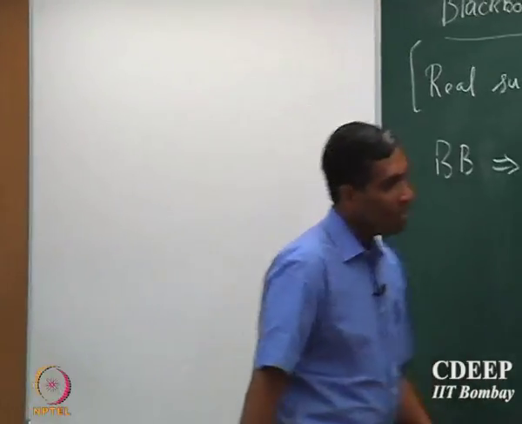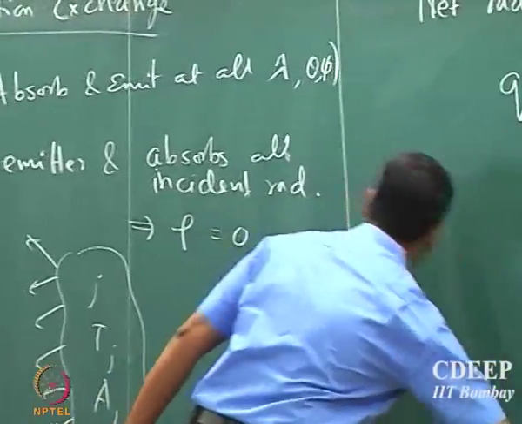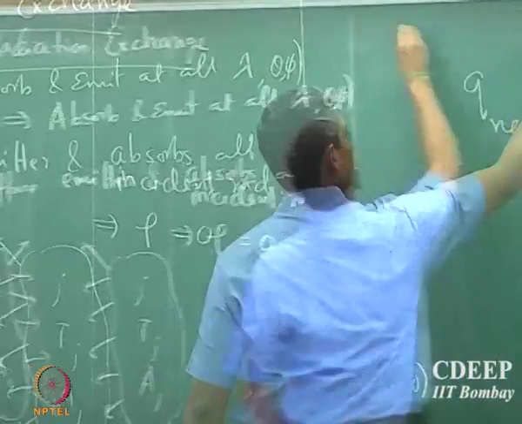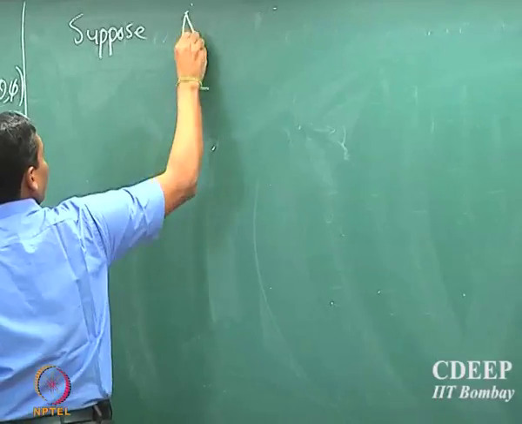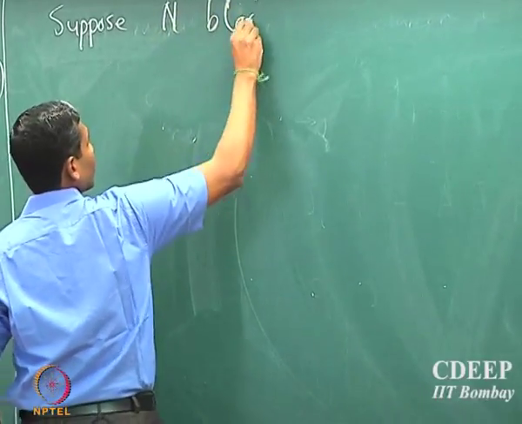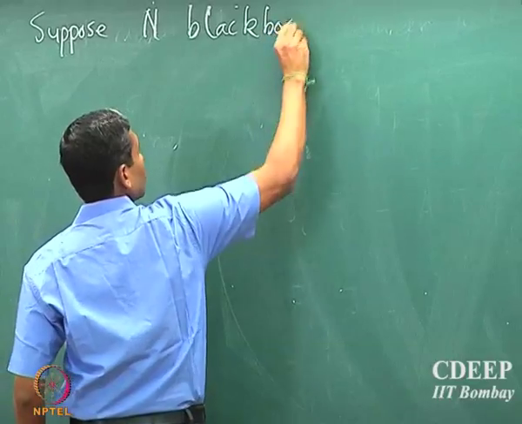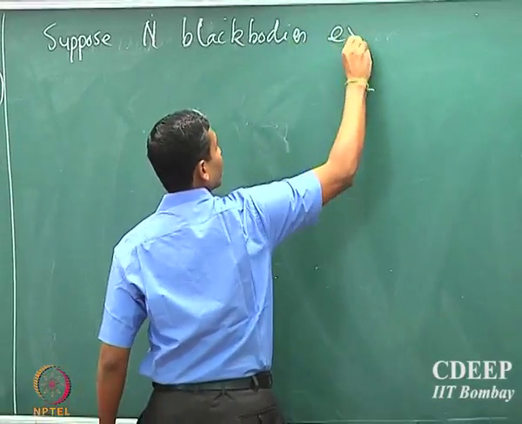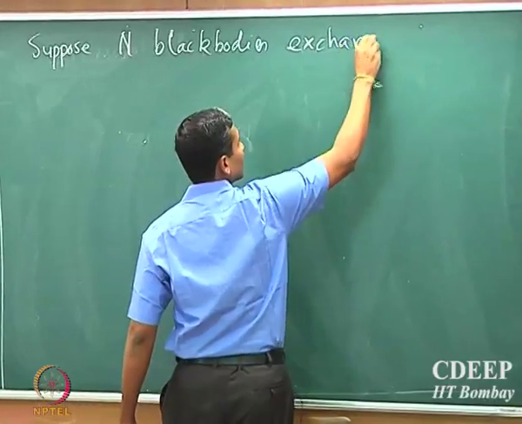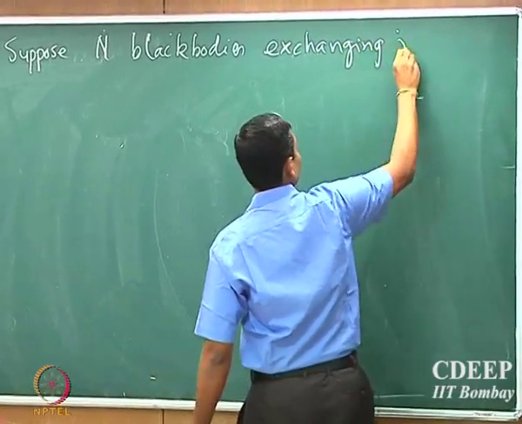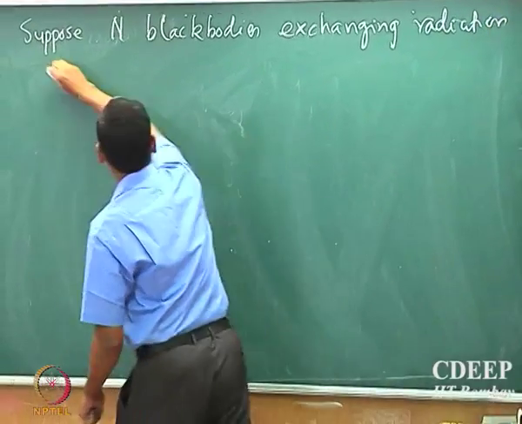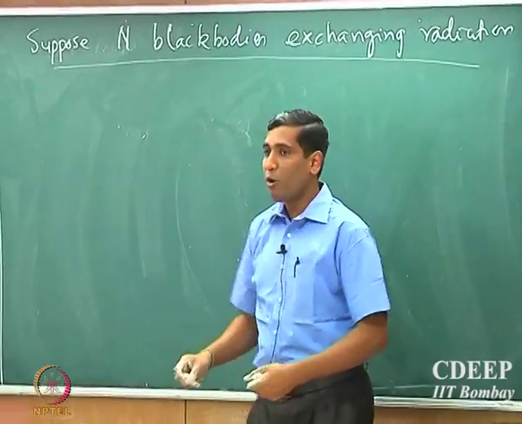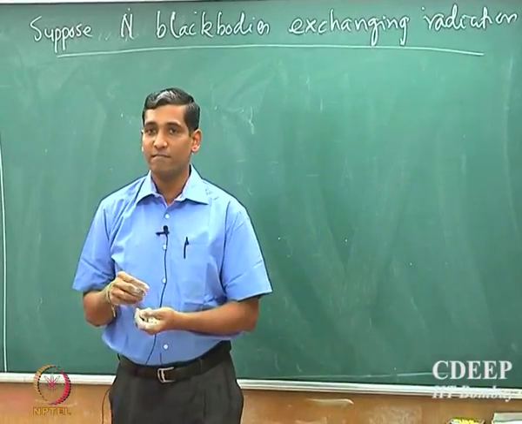Okay. Alright, supposing I have n surfaces like this. Suppose I have n Blackbodies exchanging radiation. Suppose I have n Blackbodies, then what will be the net radiation exchange?